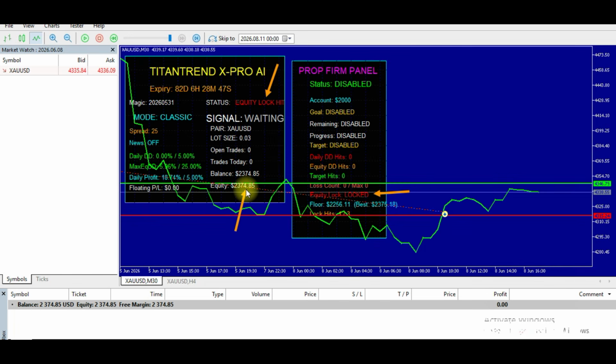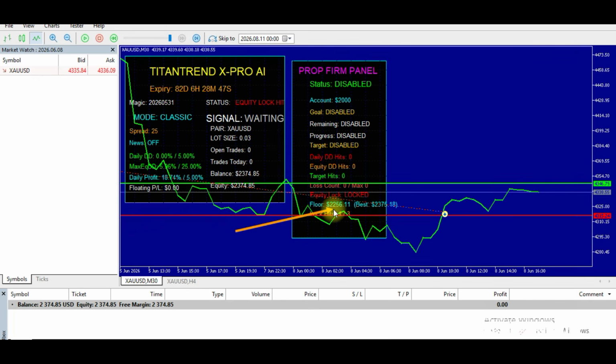$2,374. This is about 8 days, that's 1 week, 7 days of trade, that is 5 days of trading. We have made almost $400. Now, if you look at this figure here and the balance here, they are the same thing. Now, when you look at this place again, this one is also almost the same thing.